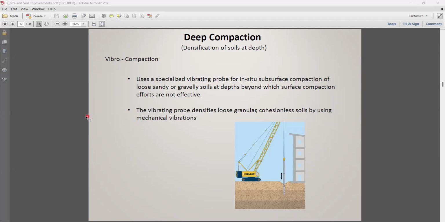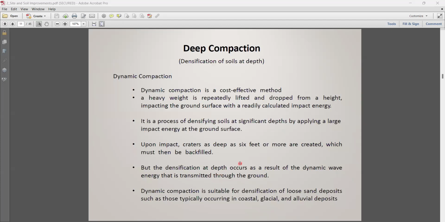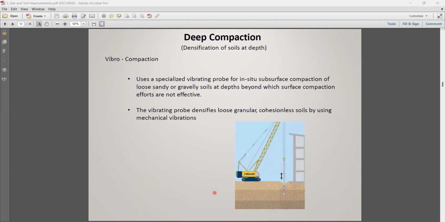Earlier, with deep compaction, we can compact up to about 4 to 8 meters, or here we said it's effective for about 2 meters, based on the weight. But let's say a maximum of 10 meters. If you want to compact more than 10 meters, we have to do vibrocompaction.